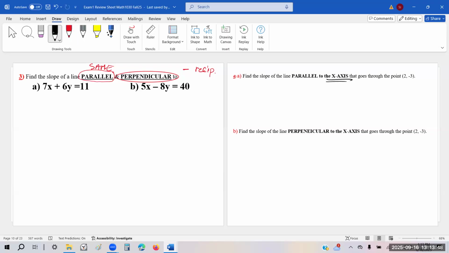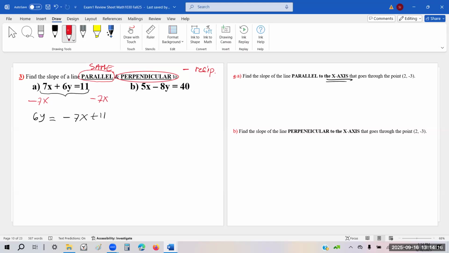So that means first you need to know what's the slope of this line. How do you find the slope of this line? Two ways you can find. One is solve for y. So we get 6y is negative 7x plus 11.